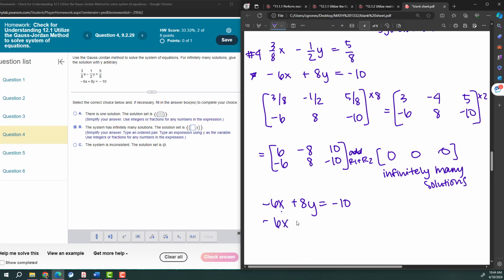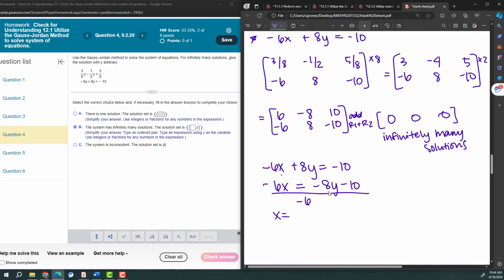So -6x equals -8y minus 10, and then divide by -6. So I get that x equals 8y over 6 minus, actually it's going to be positive 10 over 6 because our negatives are going to cancel out.